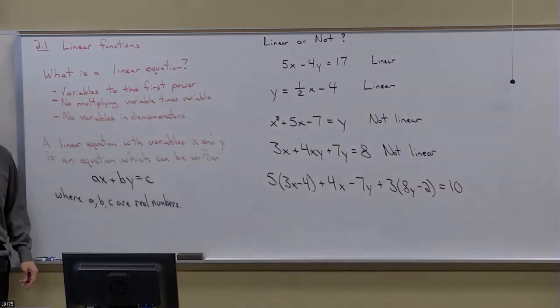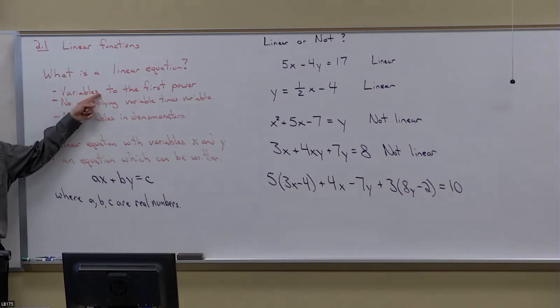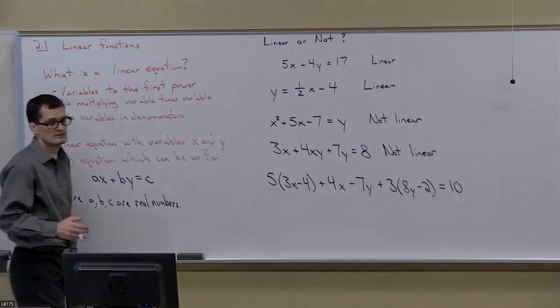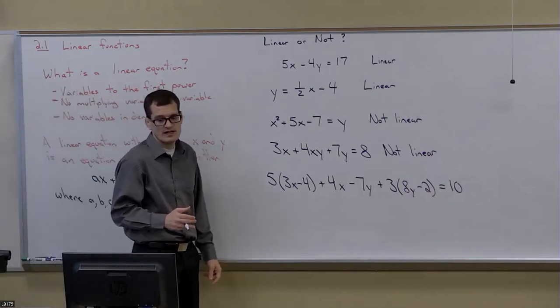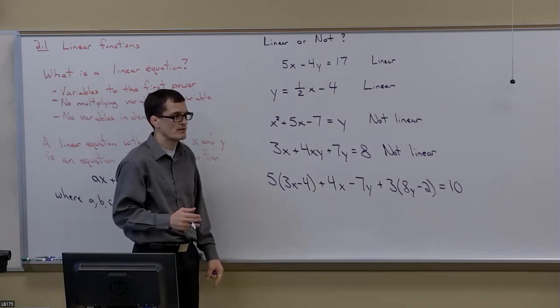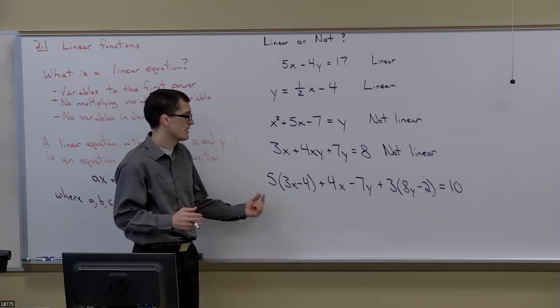Something like that. Now that's fairly involved. Is that one linear or not? Linear. All of the x's and y's are being raised to the first power, and there's really no place I'm multiplying a variable times another variable. So, yeah, this one's also linear. All the x's and y's are raised to the first power, and there's no place I'm multiplying variable times variable.